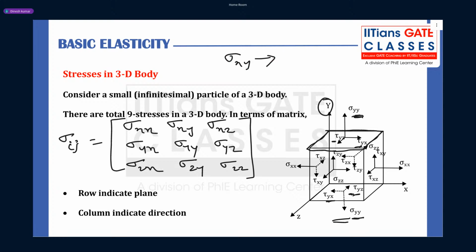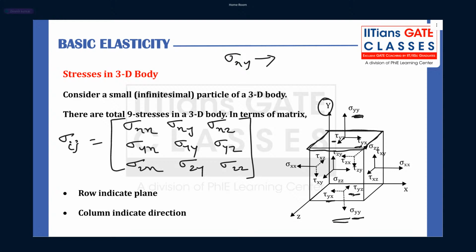Now in this stress matrix, what is this sigma xy? Is it a normal stress or a shear stress? It has to be a shear stress. Why shear stress?